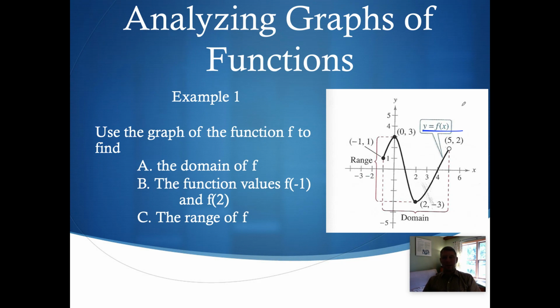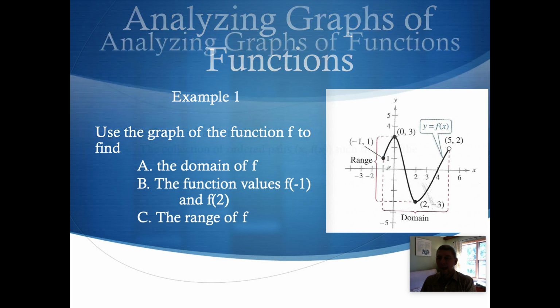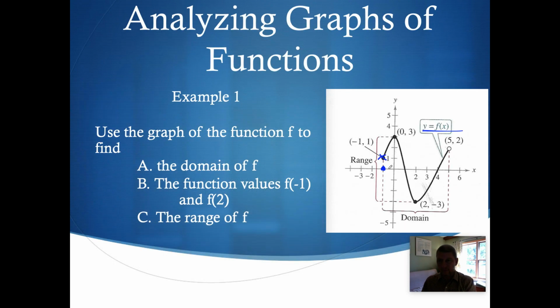Now all of these things are actually illustrated right here on the graph itself. The domain of f, of course, is all of the values of x that have a value of y in this graph. And so if you look from the leftmost portion of the graph right here, all right, this is at a value of x equals -1, and the graph goes all the way over to here at x equals 5.